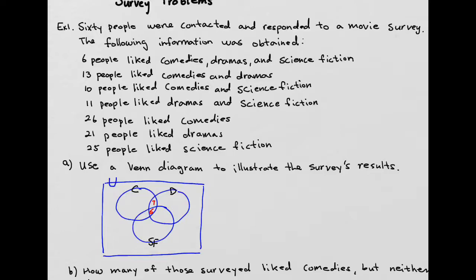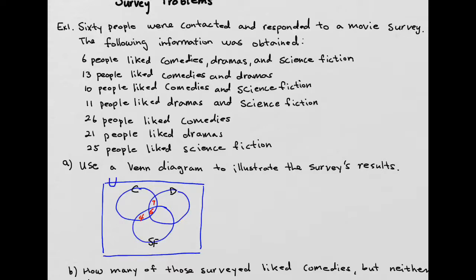Do the same thing. Here we have 10 people who like comedy and science fiction. Comedy and science fiction overlapping is this area. But out of 10, you already used 6, so this area is now 10 minus 6, which is 4.